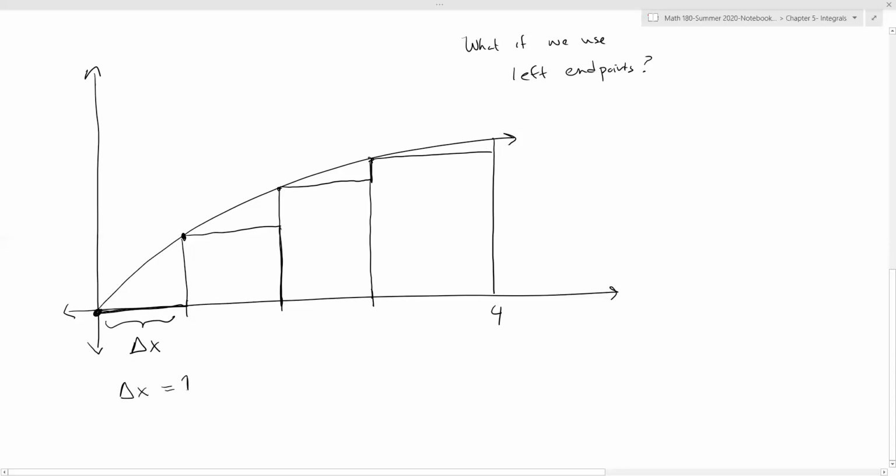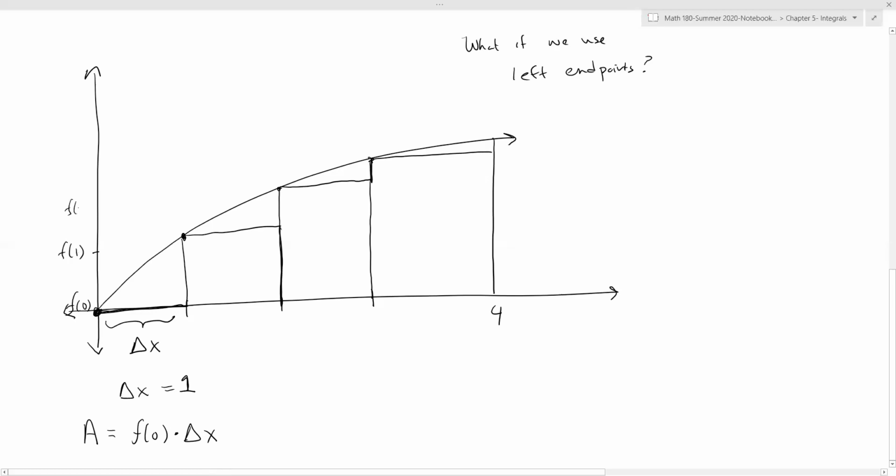Okay. And let's go out and take a second to write out the function. So we want to now find the area. So the area for these 4 boxes is going to equal, if we write it in terms of our function, f of 0 times 1, or times delta x, right? And then this will be f of 1.